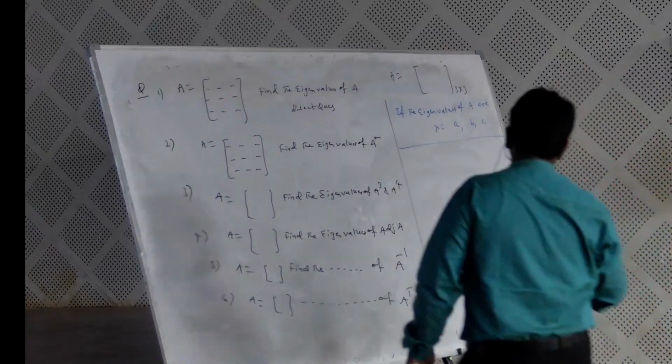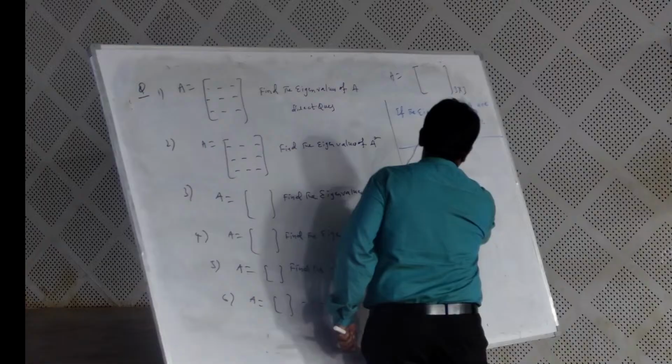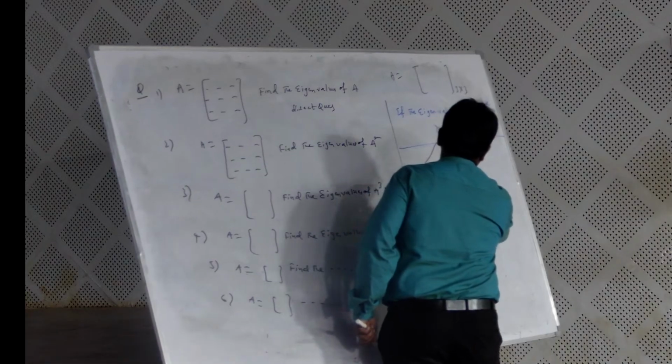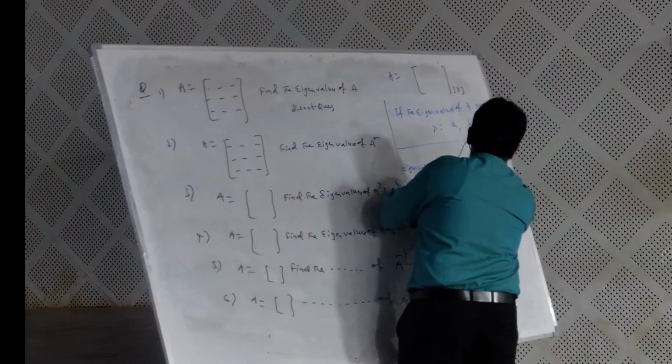A matrix is given. First, always you must find the eigenvalues of the given matrix. Which matrix? A. What are the eigenvalues of A? Eigenvalues of A are lambda.